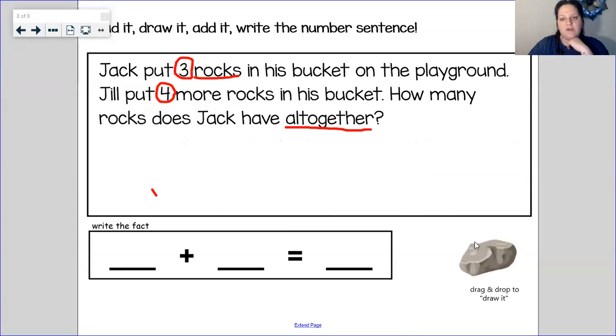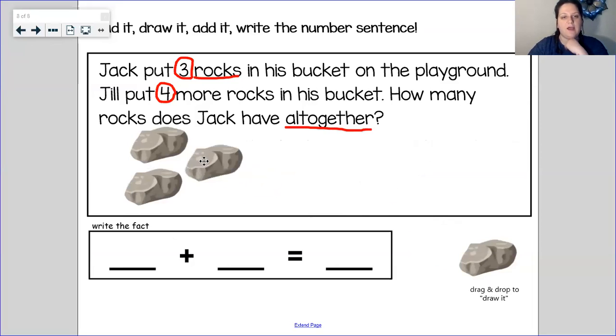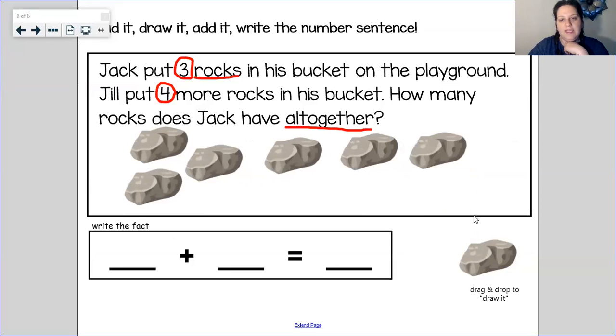All right, so I'm going to use my pictures of the rocks to help me answer. So Jack started with 3 rocks. So 1, 2, 3 rocks in his bucket. And then Jill put 4 more rocks in the bucket. So we're going to add 4 more. 1, 2, 3, 4. So let's do our problem now.